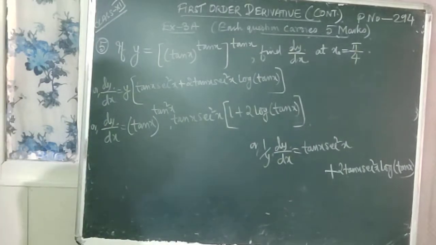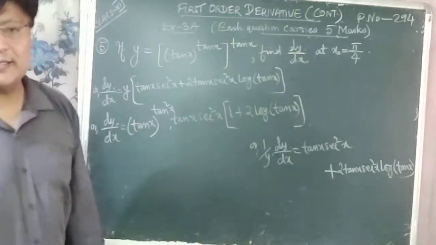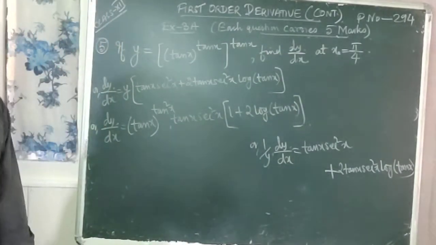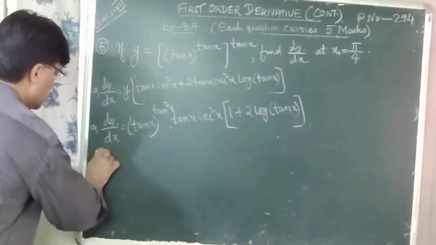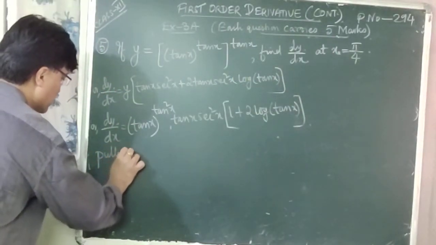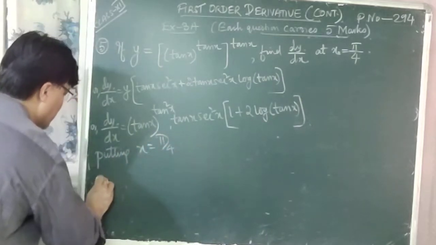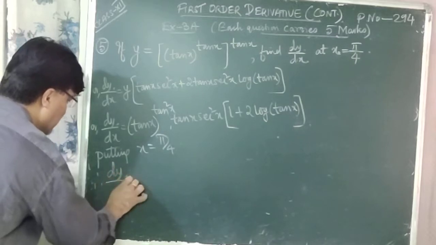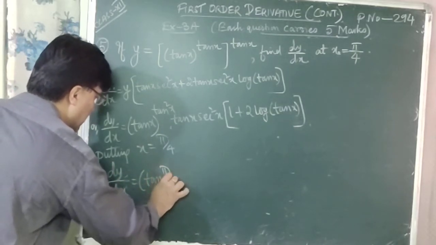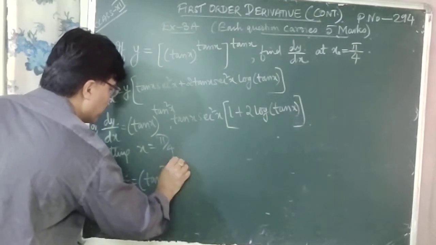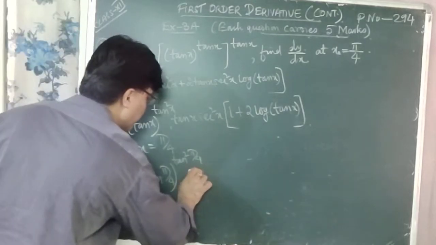But in this particular problem, we have to find out the value for dy by dx at x is equal to pi by 4. Now you can put x is equal to pi by 4 here. So putting x is equal to pi by 4, therefore dy by dx is equal to, this is your tan pi by 4 whole to the power tan square pi by 4.